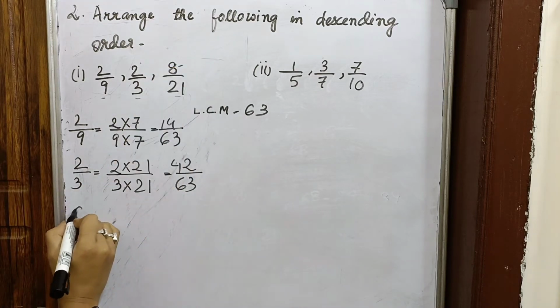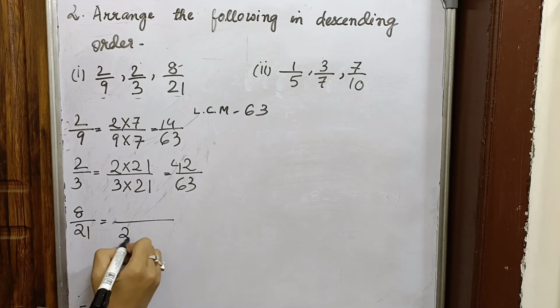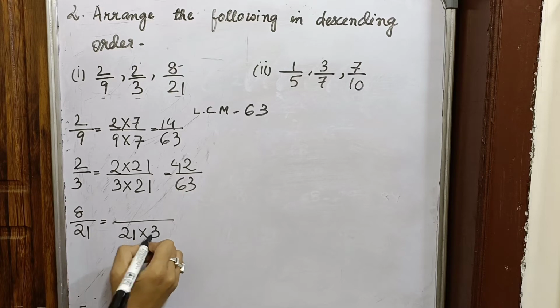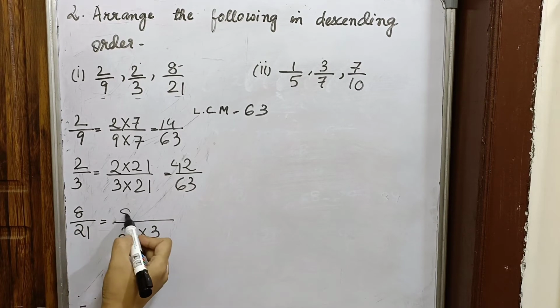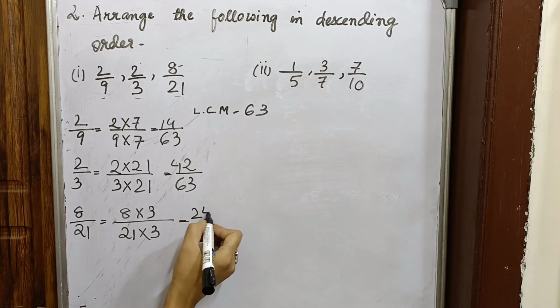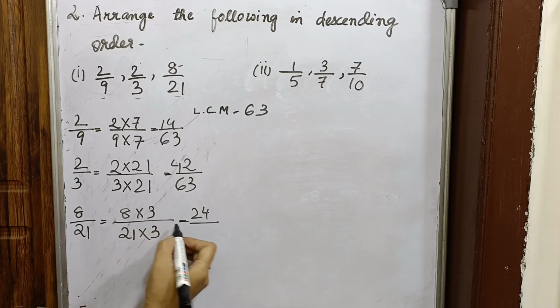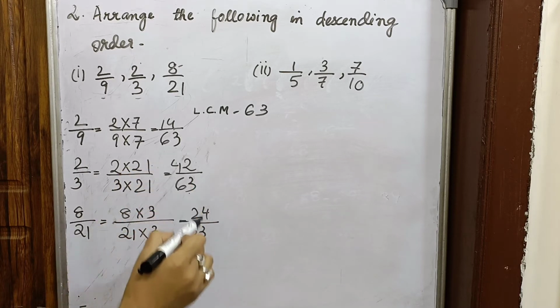The next one is 8 by 21. 21 into 3 is 63. 8 into 3 is 24 and 21 3s are 63. Now you see the denominator is same.